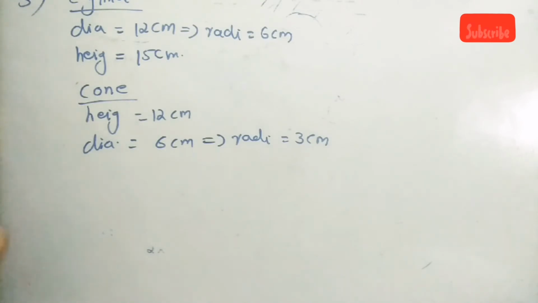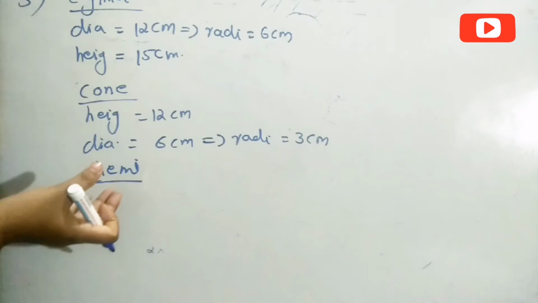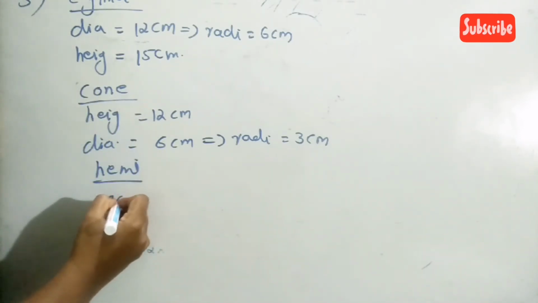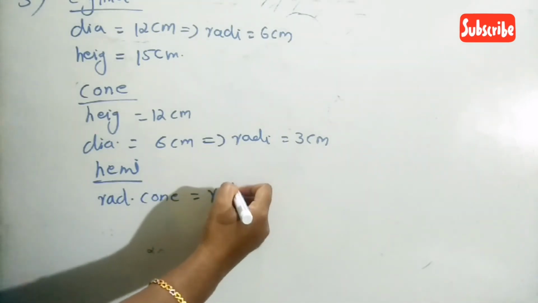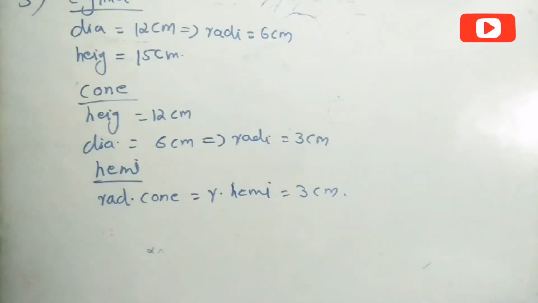So we have a hemisphere also, on the top of this cone. The radius of the cone is equal to the radius of the hemisphere, which is 3 centimeter. Find the number of such cones which can be filled with ice cream.